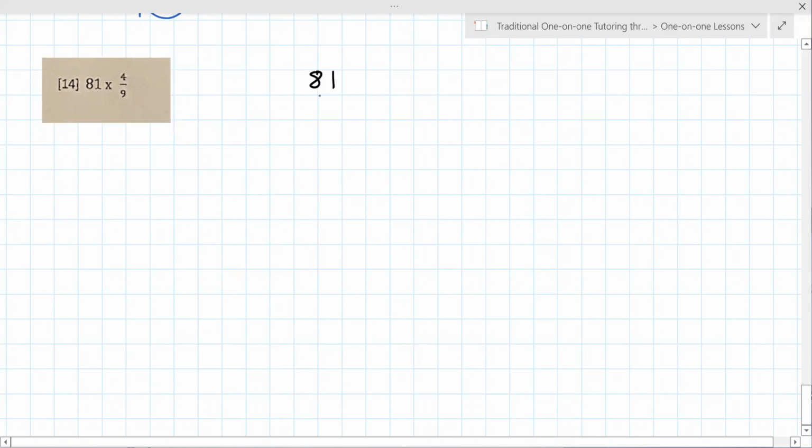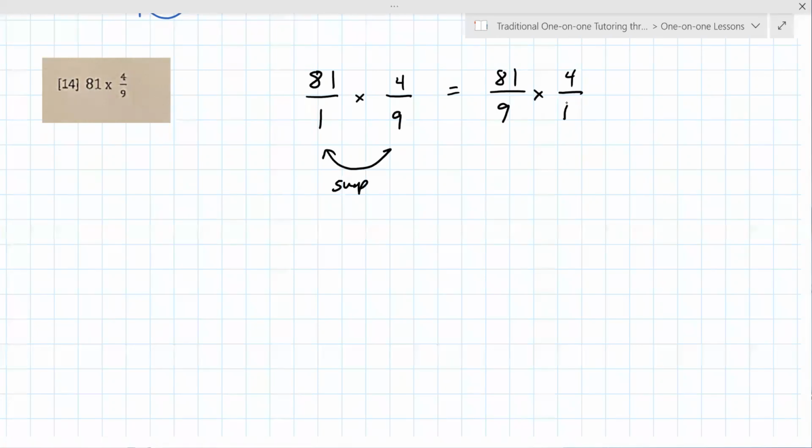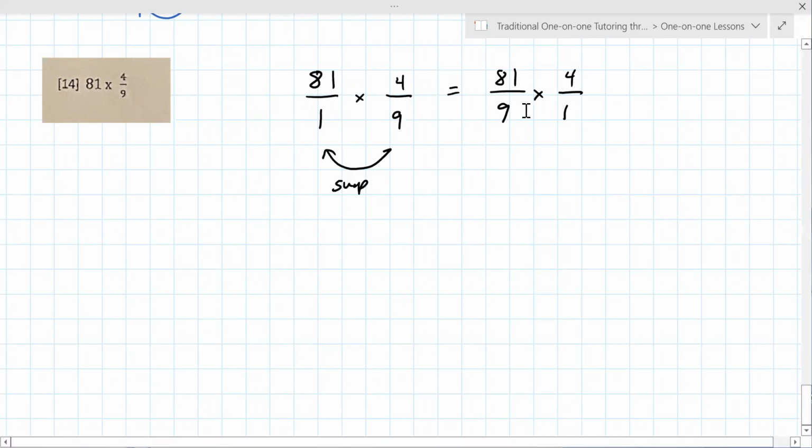Can you write 81 as a fraction? Yeah. So 1 goes on the bottom, just like the previous problem. And now we're going to switch these positions. We're going to swap them. So this becomes 81/9 times 4/1. Now what is 81 divided by 9?